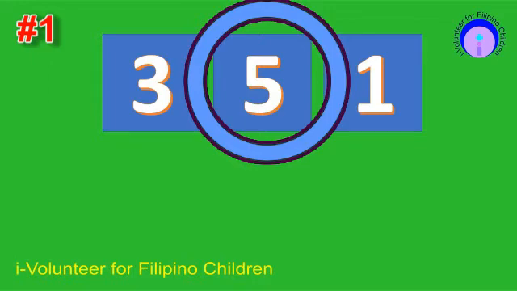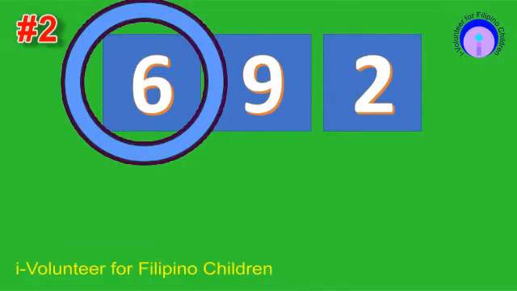Digit 5 is in the tens place. Item number 2. What is the place value of this digit?